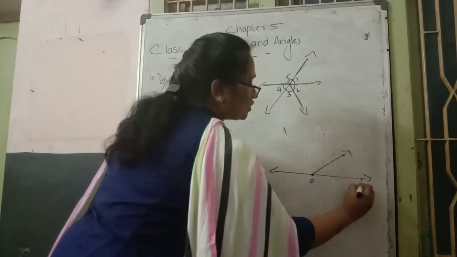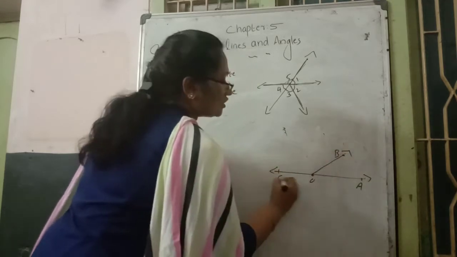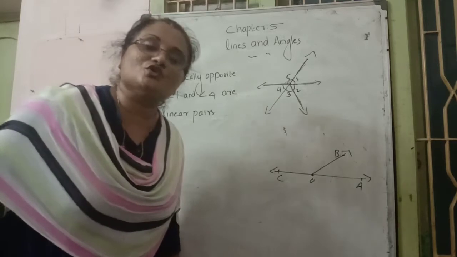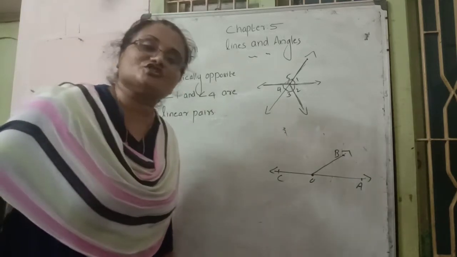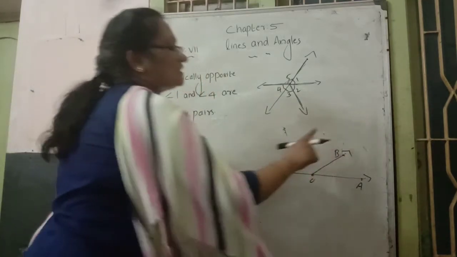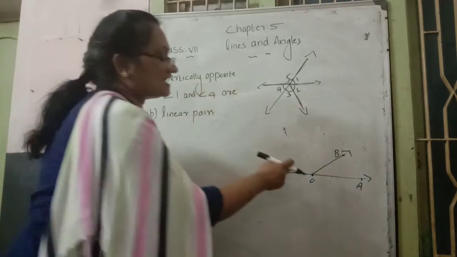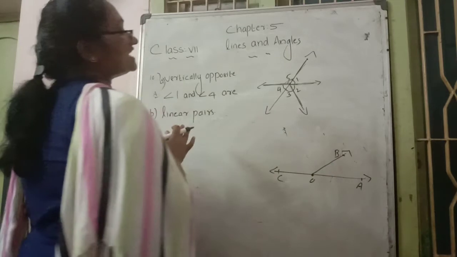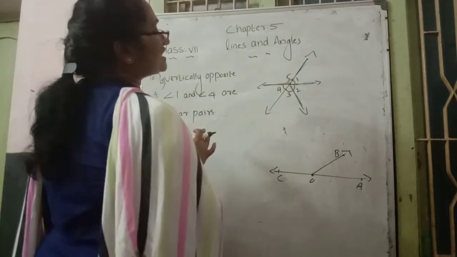Here see OA, OB and OC. OA and OC are the two non-common arms. They are in the opposite direction, and OB is the common arm in the diagram of the linear pair. So look at the diagram, at that shape, where we can identify it.